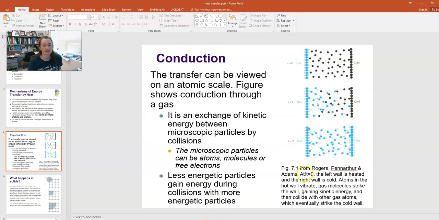Okay? Less energetic particles are going to gain energy during collisions with more energetic particles. And so that means that the energy will move from the hot to the cold as you make more cold molecules hotter through the collisions. So that's how it would happen in a gas. It's kind of easy to visualize in a gas.